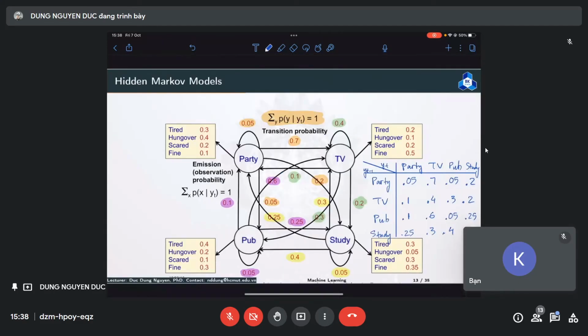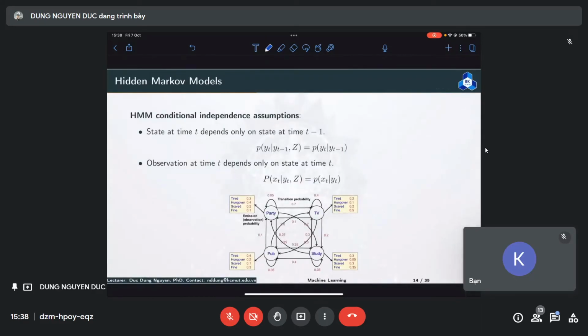Given this table and another table for emissions, we are ready to derive some theorems. Based on a lot of assumptions, we have the hidden Markov assumption first: the probability of staying in the hidden state yt depends only on the previous state yt minus 1.